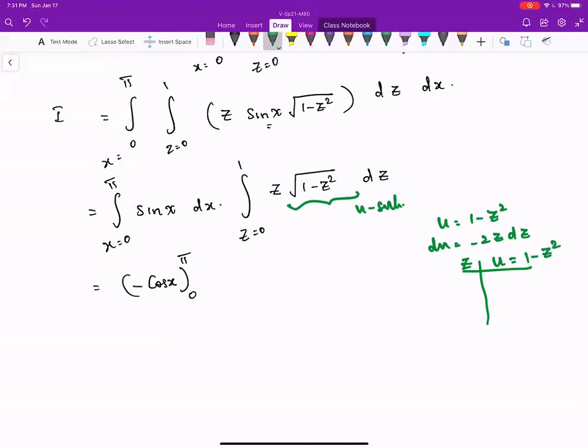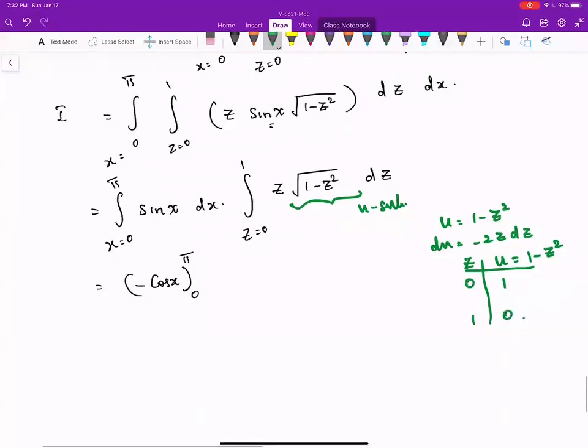If you're going to keep u as u, then you have to put in the new limits. If you're going to keep z as z in the final, then you can use the original limits 0 and 1. So z is running from 0 through 1. When it is 0, u equals 1.